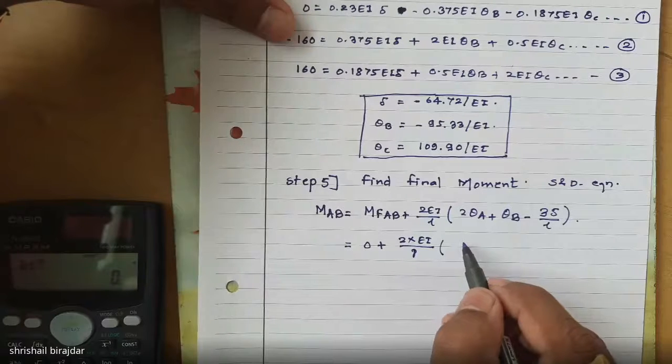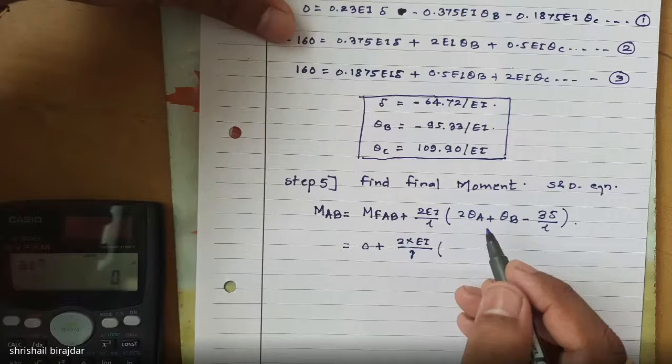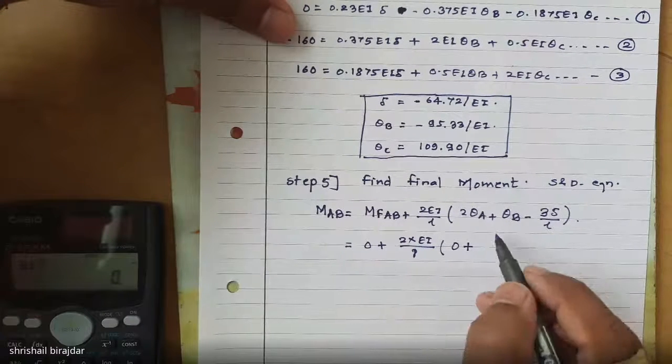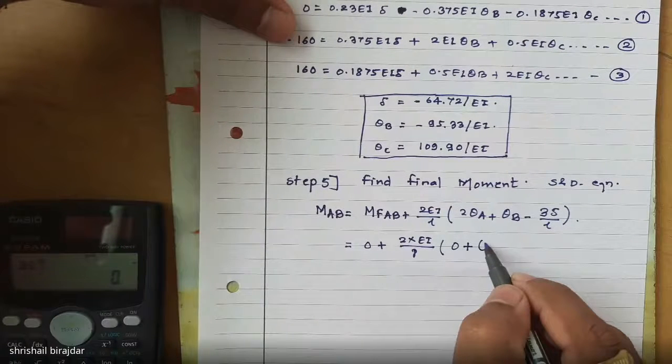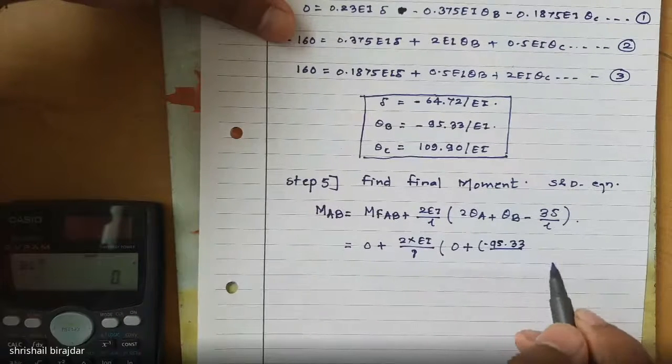Theta A, because the fixed support is there, therefore theta A is not present, 0. Theta B is present, but it is minus 95.33 divided by EI.